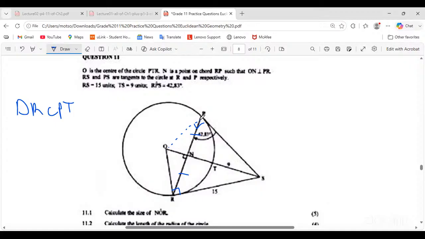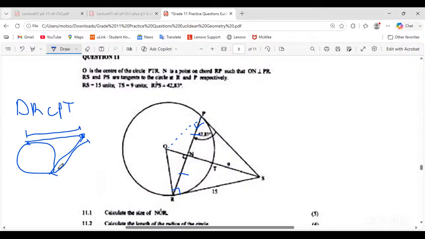Now, remember that theorem where we have two tangents like this, and they move from the same point. These are tangents. The length of this tangent will be the same as the length of this tangent. Actually, not the length as such, but the distance from the point of intersection of the tangents to the point of contact in the circle.